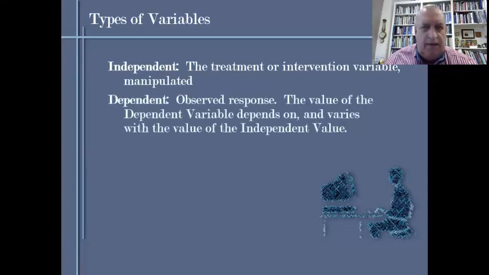Then we have the dependent variable. This is the observed response. This is the variable that changes. So the independent variable does not change, like our example in factorial analysis of variance. Your year in college, for the purpose of the study, does not change. You're always either a freshman, sophomore, junior, or senior.